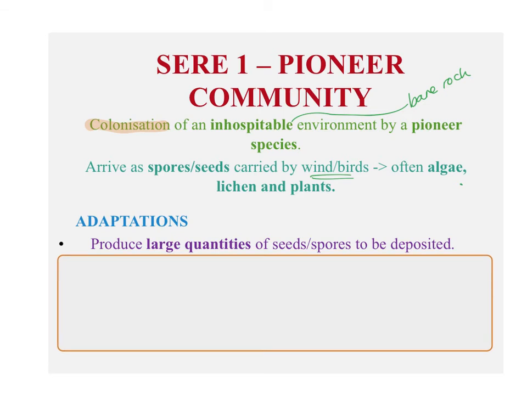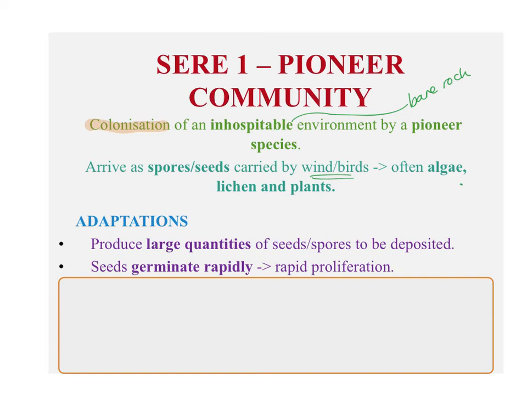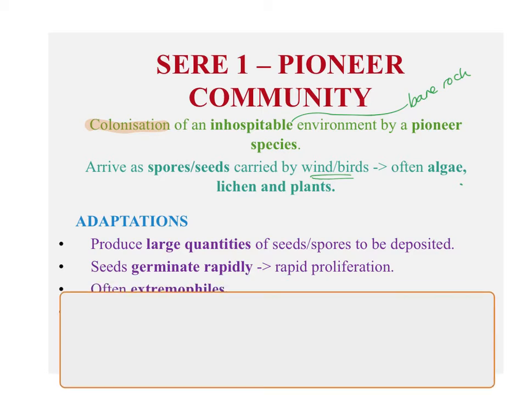They're able to produce large quantities of seeds, and they can spread those around quite easily to be deposited and make their reach slightly wider in that area. Additionally, those mass seeds that they produce are going to be able to germinate really quickly. So we get rapid proliferation, more plants taking over that rocky area, which means we're going to get more seeds and more plants, and more seeds and more plants, and it carries on and on.